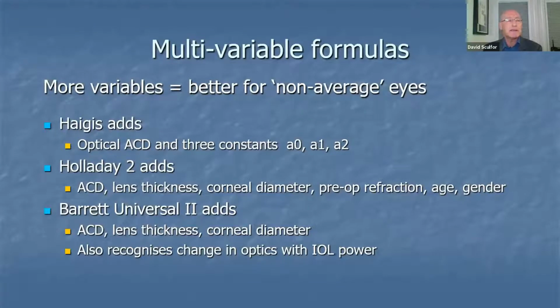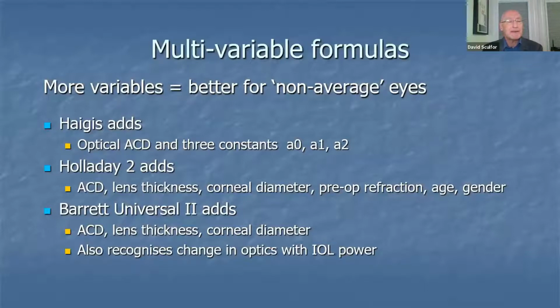So Wolfgang Haigis and his team, when they analysed their data, they found that optical anterior chamber depth was the next most important parameter, apart from axial length and keratometry. The next one was lens thickness, but in fact the first generation IOLMaster wasn't able to measure lens thickness because the returns from the lens were just too small.